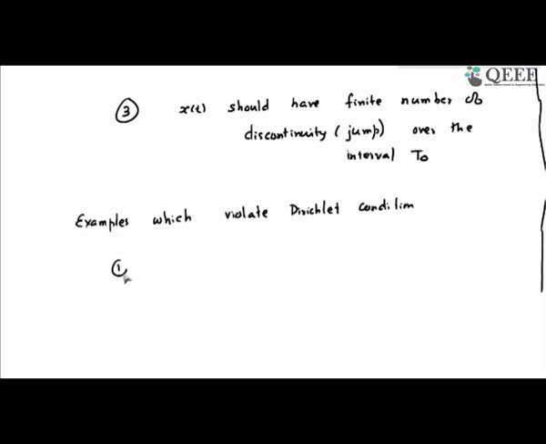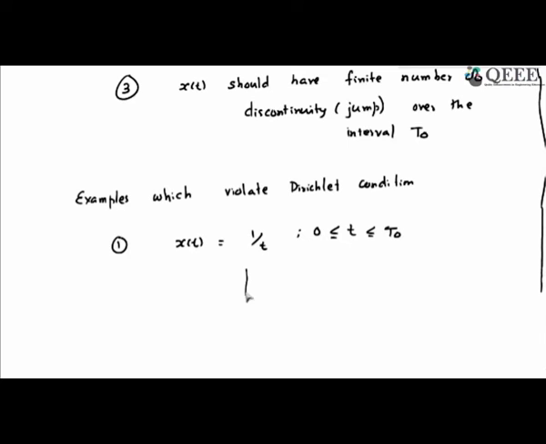Okay, so first example is x of t is 1 by t, for 0 less than or equal to t less than or equal to t naught. It repeats every t naught. So it is 1 by t, and it looks like this.